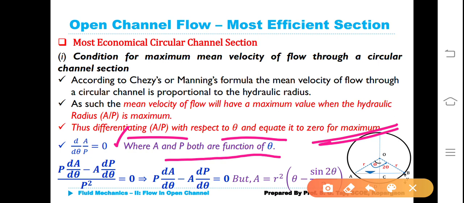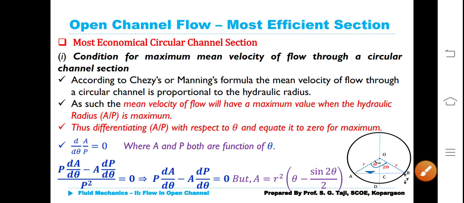That you remember, please. Both area and wetted perimeter are functions of theta, means they are variable. P multiplied by dA by d theta minus A multiplied by dP by d theta is equal to 0. But we know that A is equal to r squared multiplied by theta minus sin 2 theta by 2.